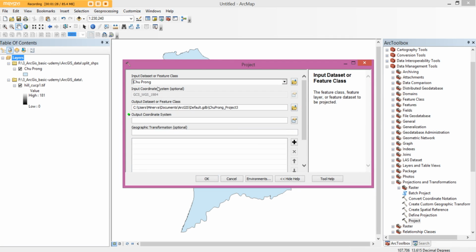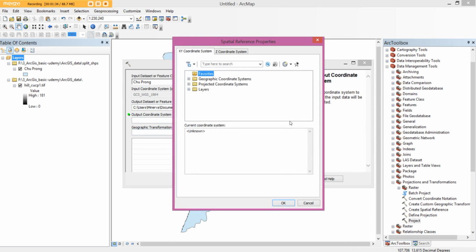So I'm going to project two-prong, and I can select a place where I want to store the output, and I have to select the output coordinate system, and here I have the option of geographic coordinate systems and projected coordinate systems. We won't look at layers. So I want to convert it to a UTM.